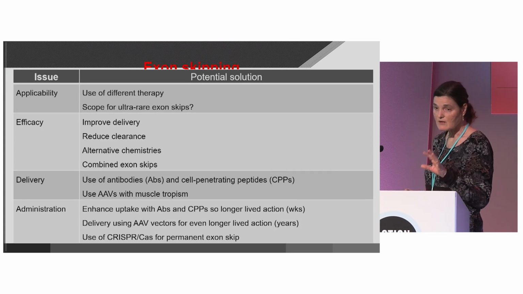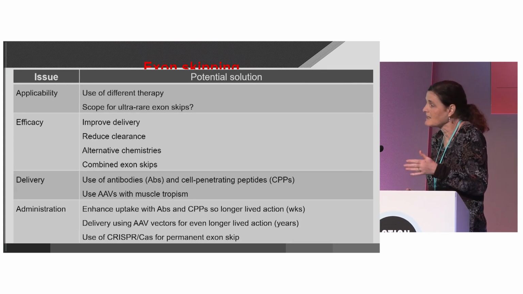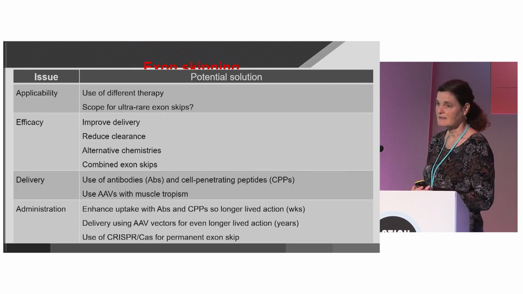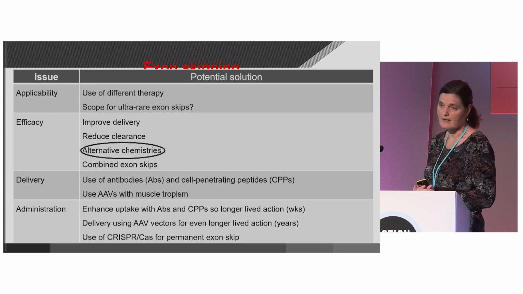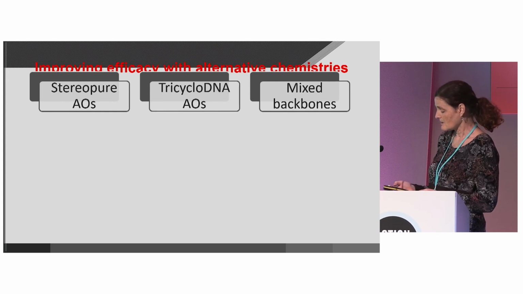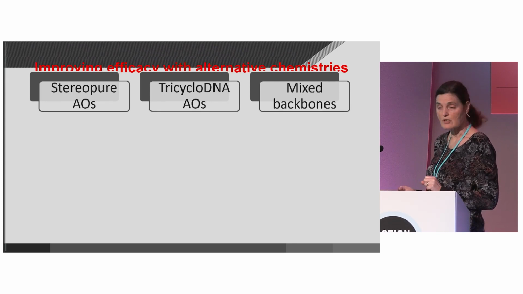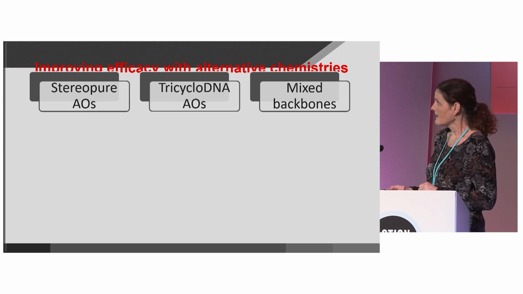We can also use the AAVs, which may give longer-term expression, so it might be a few years that they stick around for. So these could all be used as strategies to improve the delivery and the administration. What I will focus on is just alternative chemistry, because I think Annemieke covered most of the rest of it.